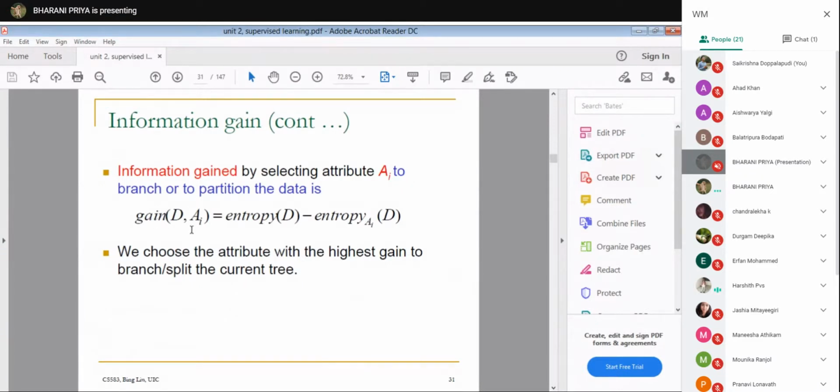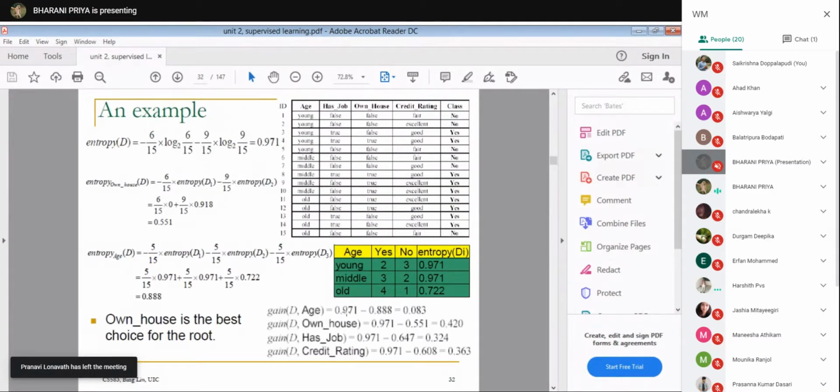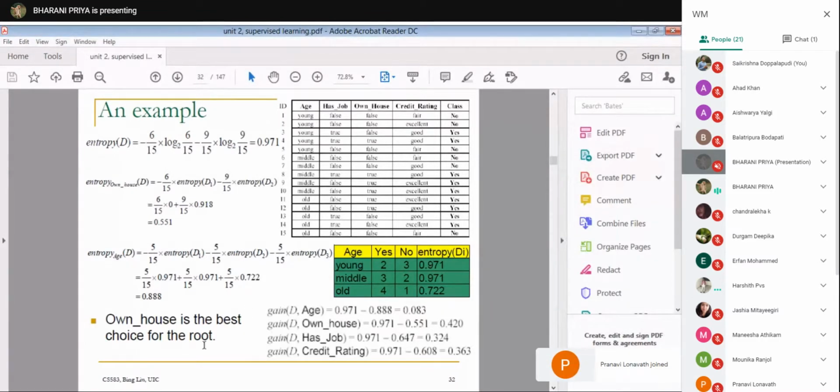You have calculated the entropy for a single attribute, and the entropy for the entire data, and now you subtract both. Whichever result you get, the information gain should have the highest value. Own house has the highest value, so own house is taken as the root node.